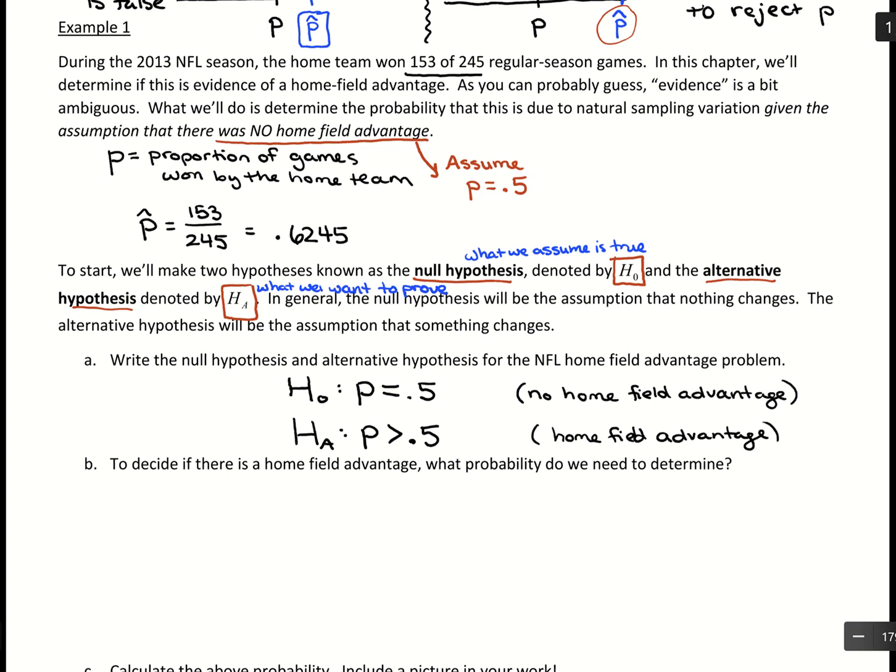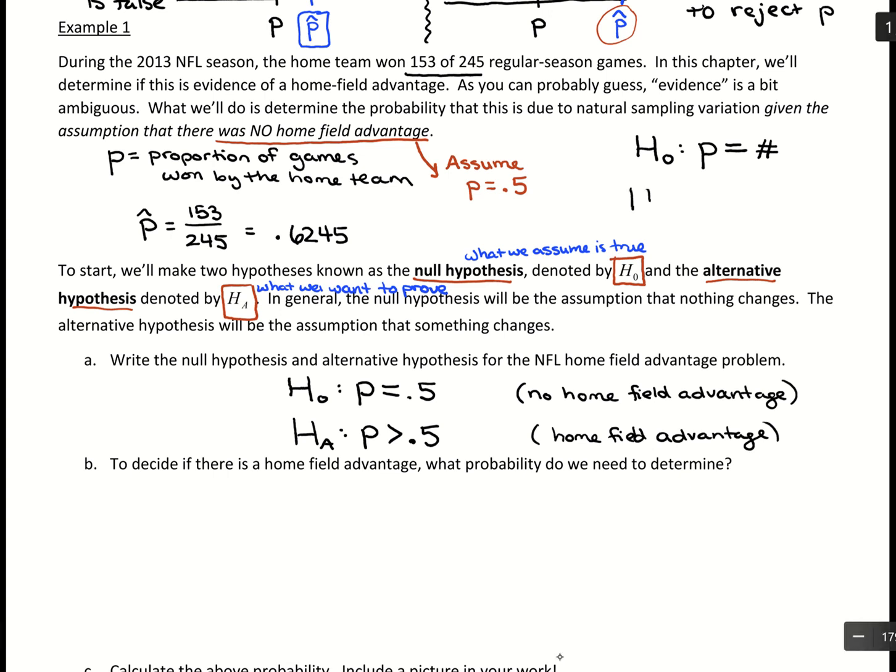So that's the notation for null and alternative hypotheses, and in the next video we'll practice making null and alternative hypotheses. But the general structure you're going to see for the null hypothesis is that your population proportion is equal to some number. We're going to have some assumed value for our population.